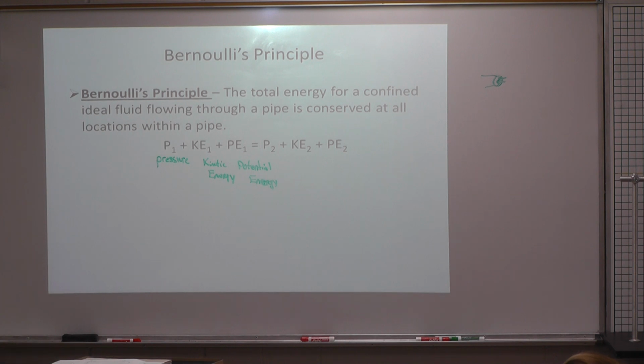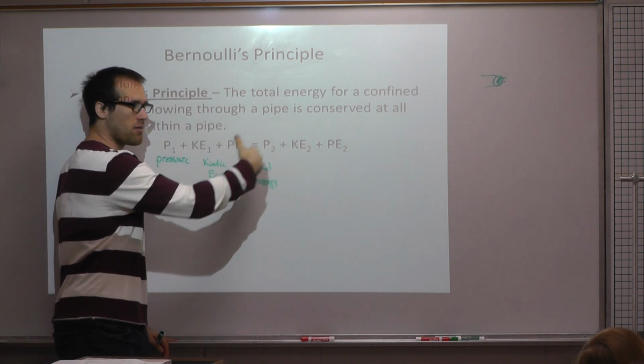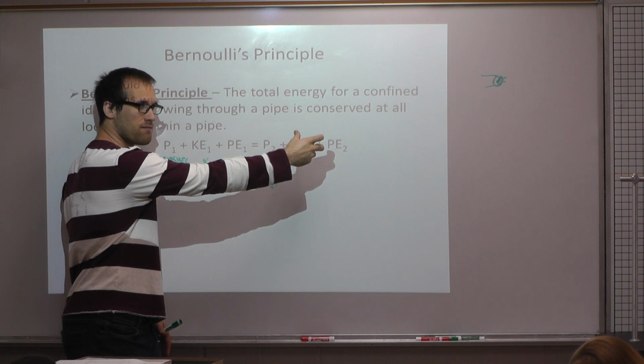What this basically is, is energy conservation. For a particular fluid inside an enclosed container, if I have position A and position B, the energy at position A and at position B should be equivalent. They might be in different energy forms, but the overall energy should always be conserved because we cannot create or destroy what? Energy. So since we can't create or destroy energy, the sum of all the energy at one location should equal the sum of the energy at another location.